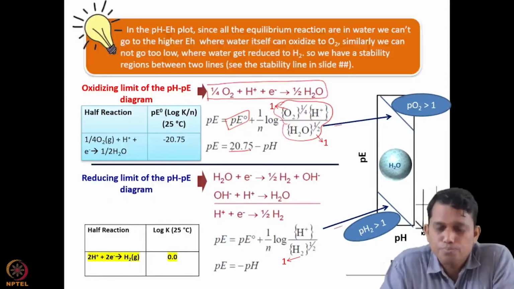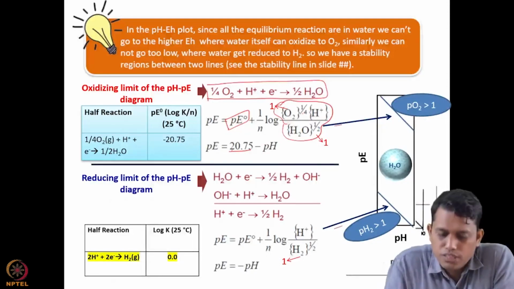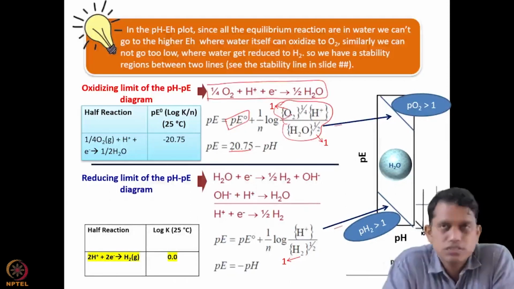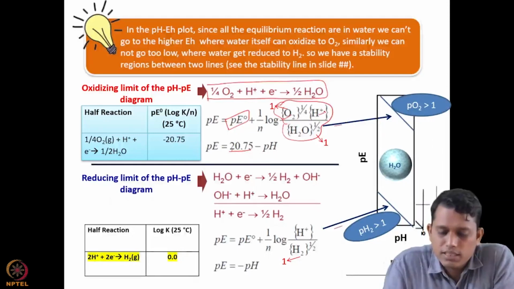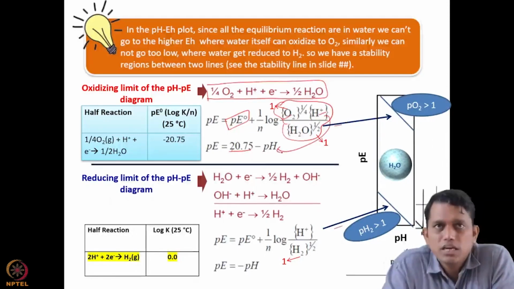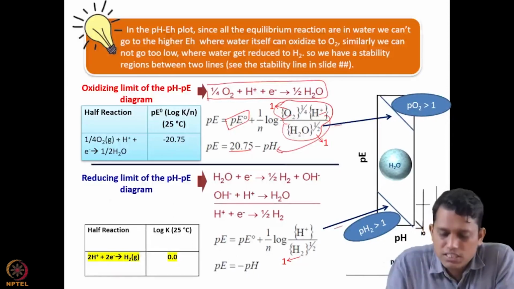And the value of the other quantities, except oxygen, is assumed to be 1. Proton, you have to assume like this, and then we take the log, and this proton will become nothing but pH. And the activity of H2 is also assumed to be 1.